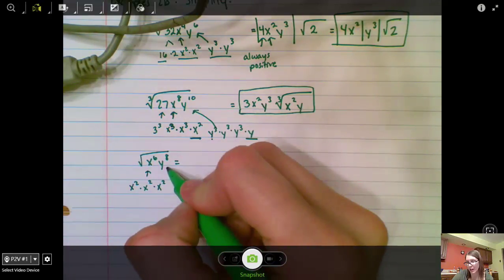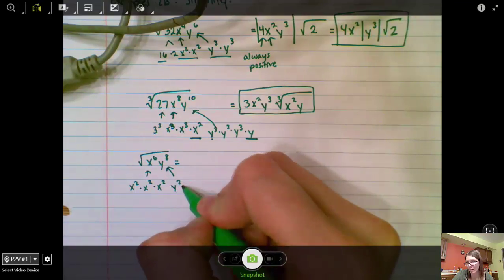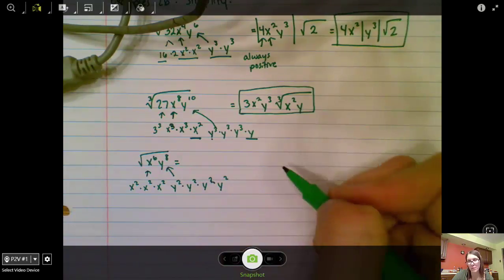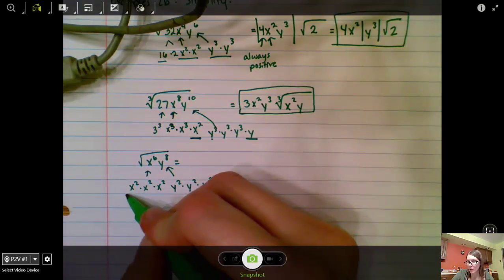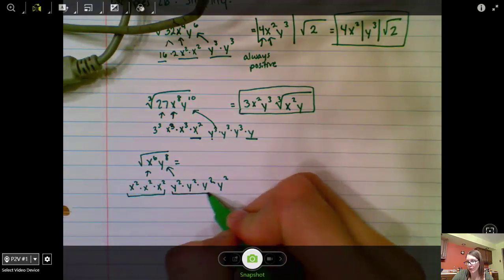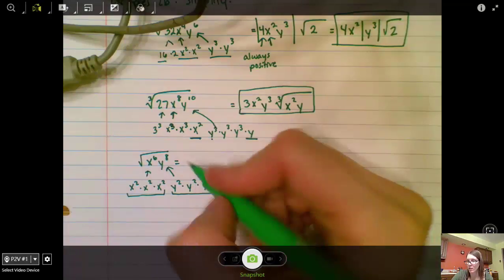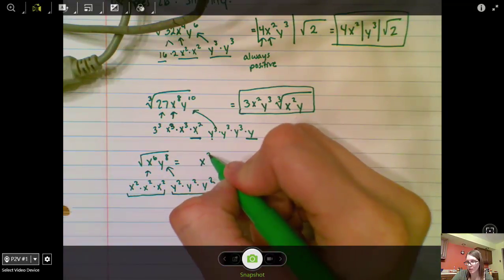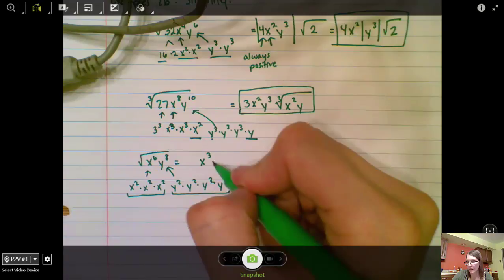Square root again, how many y squareds fit into y to the 8th? Well, the square root of each one of these is x. The square root of each one of these is y. I have 3 of these guys. I have 4 of these guys.